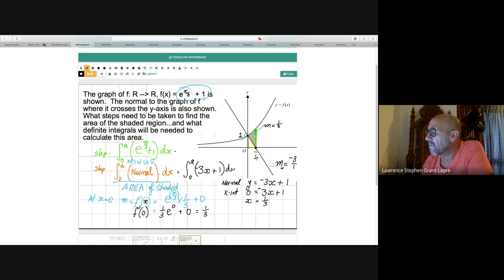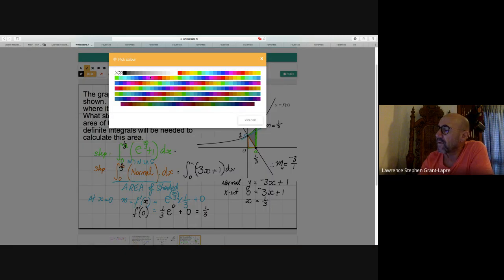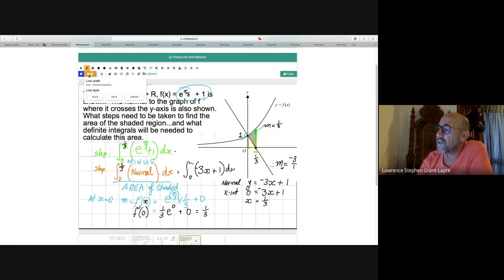So that's the value of a, 1/3, and we would go from 0 to 1/3. And those are the steps we would need to take.